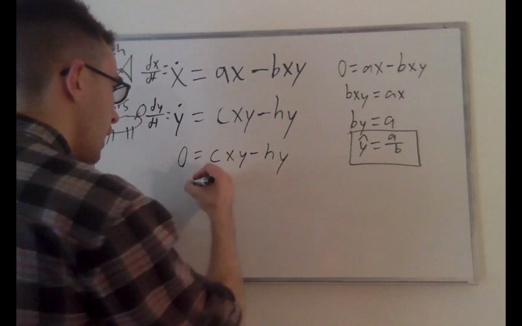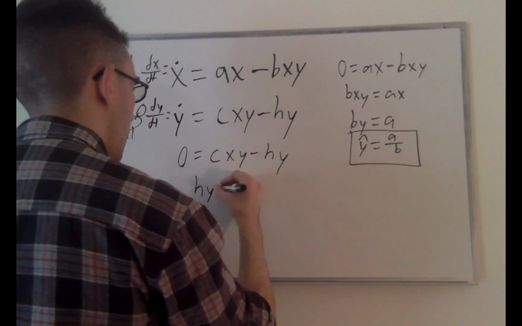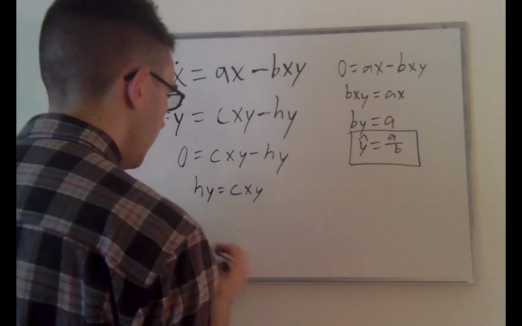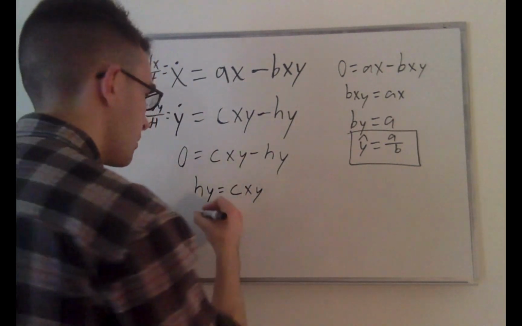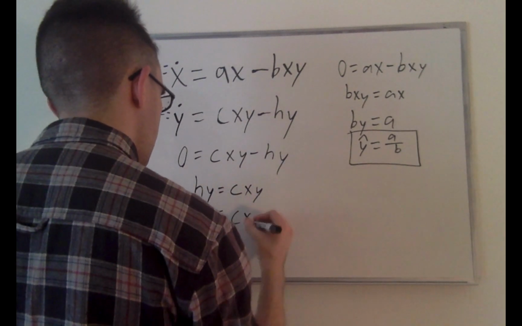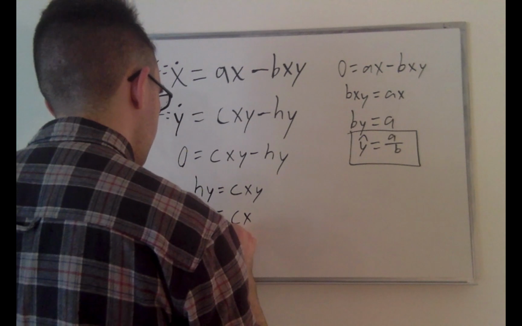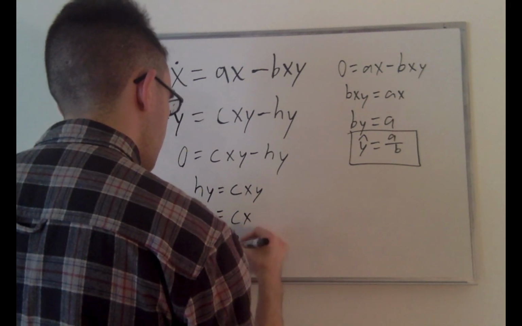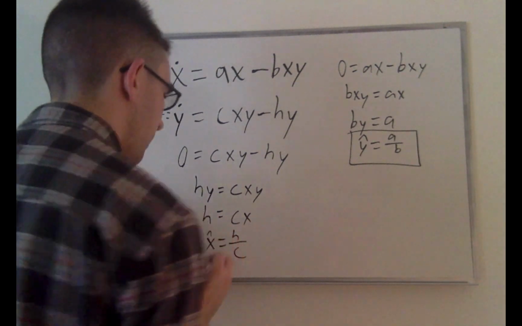Move this over to the other side. So we have hy equals cxy. Divide both sides by y. So we have h equals cx, and then x equals h over c. Again, I'll call this x hat.